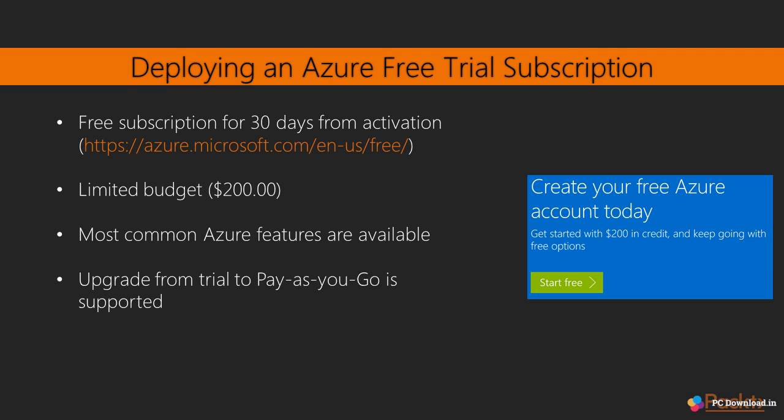With this budget, you can basically deploy about any Azure resource that you want in your trial subscription for a maximum of 30 days or until the budget is consumed.